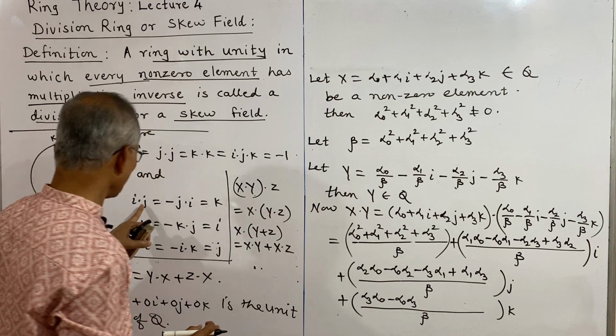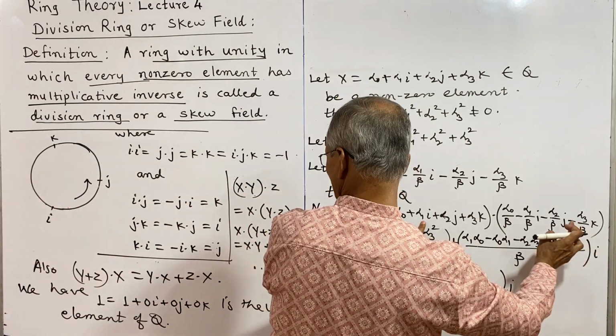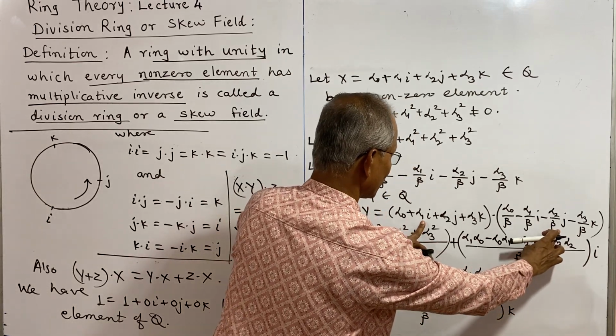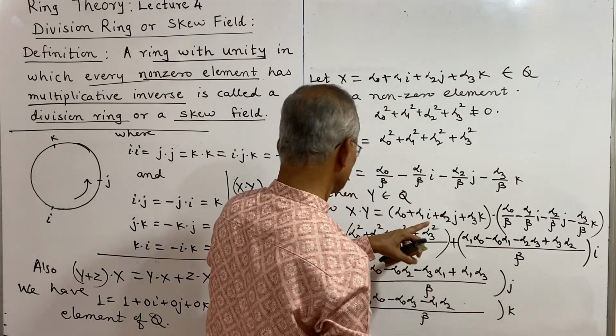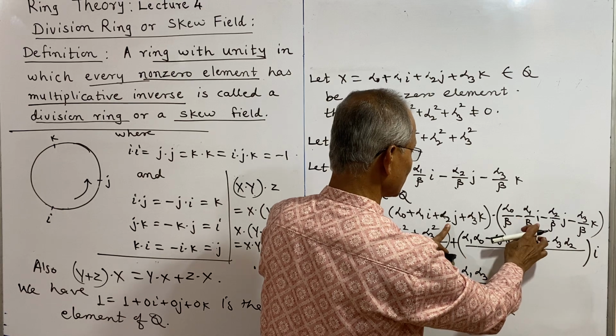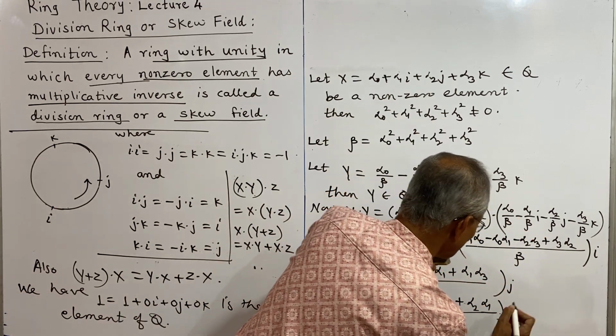And k components are obtained by i into j, it is here alpha 1 alpha 2 negative, minus alpha 1 alpha 2, and j into i, that is negative, means it becomes positive, plus alpha 2 alpha 1.